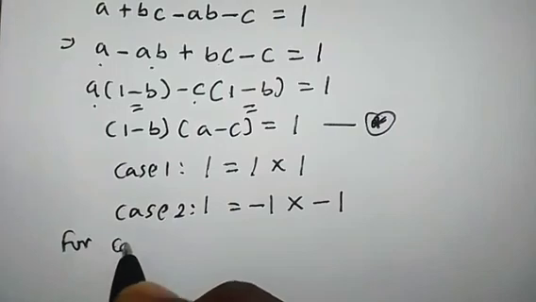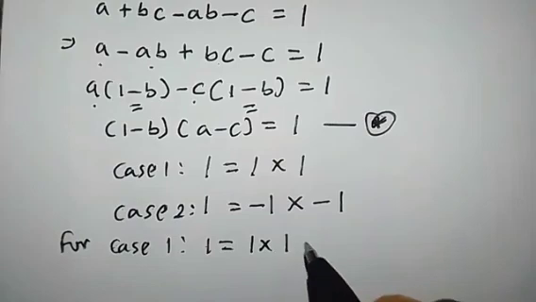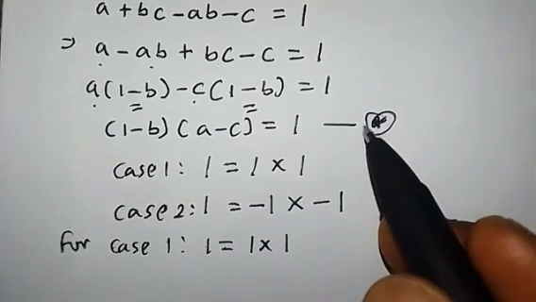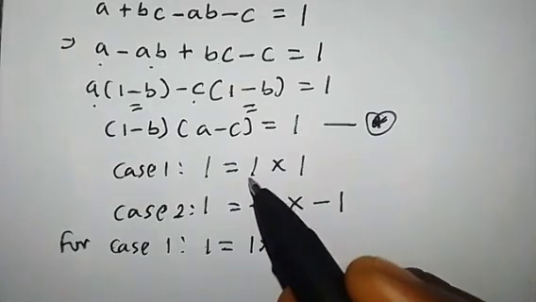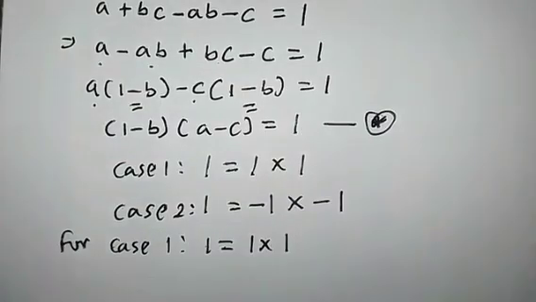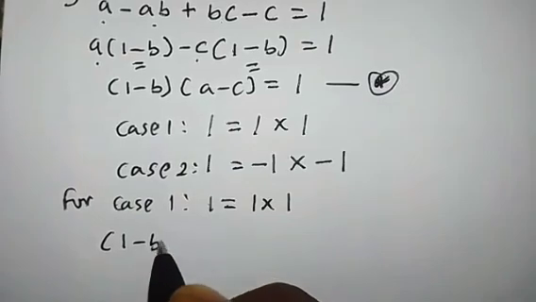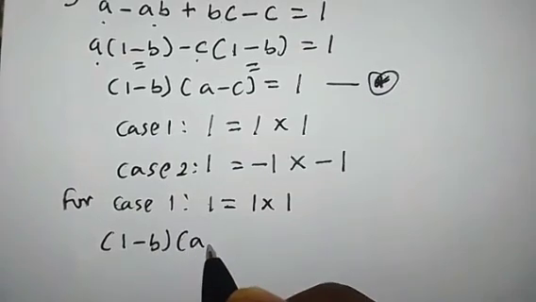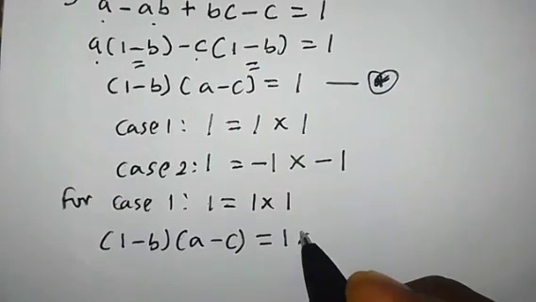For case 1, we have 1 equals 1 times 1. So back to this equation star, we have to replace this particular 1 with 1 times 1. That's what we are going to do now. So that will be 1 minus B times A minus C equal to 1 times 1.